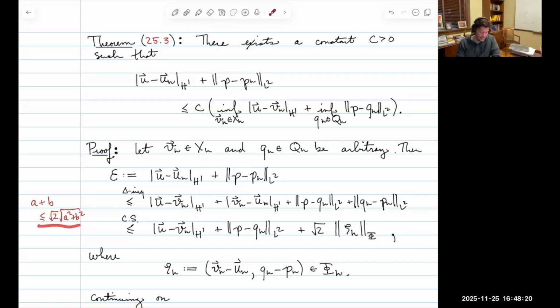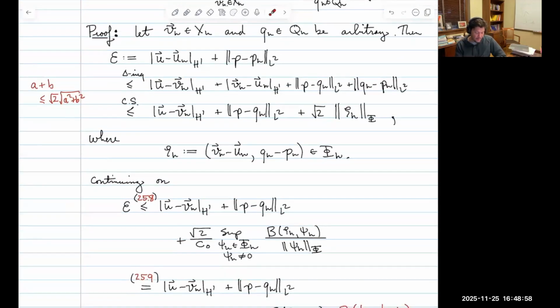That's what I've done here and here, using the definition of my phi norm and defining this squiggle H as this function. So this is the first and that's the second part of that norm. That guy is going to be A, and this guy is going to be B, and I want to show that it's less than the square root of A squared plus B squared. Well, it's a simple application of Cauchy-Schwarz.